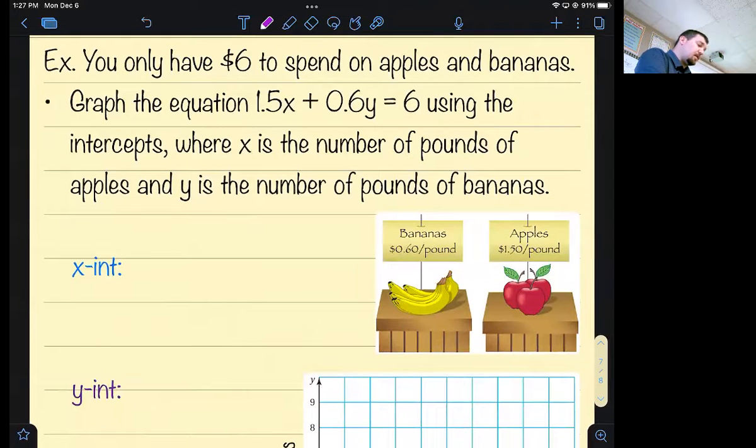You only have $6 to spend on apples and bananas, or you could go and get a pretty decent sized meal at McDonald's, but that's not healthy. So it says graph the equation 1.5x plus 0.6y equals 6 using the intercepts, where x is the number of pounds of apples.